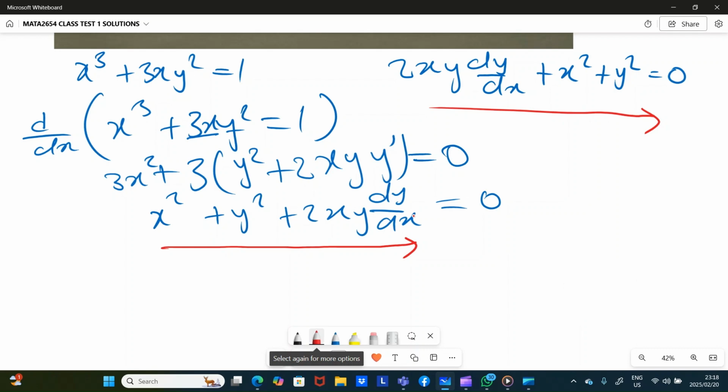Then you can conclude that x squared plus y squared plus 2, I mean, no, this is the differential equation. I'm rewriting the wrong thing. I have to rewrite the solution that we had there.